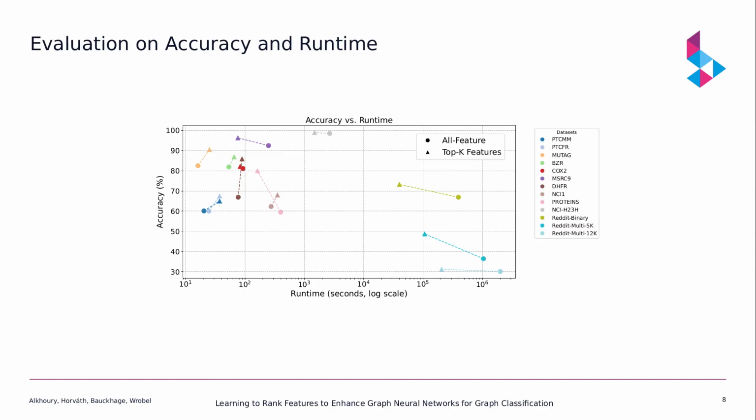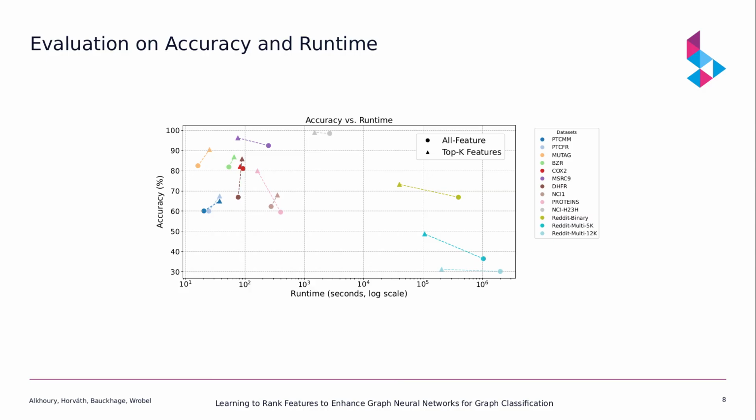Then we analyzed the runtime. Our total pipeline includes computing features for the FRGNN, computing the top K features, training the random forest, and training both GNN models, the FRGNN and the GC-GNN. As we see here, for large-scale datasets, our method achieves significantly lower runtimes, sometimes by more than an order of magnitude, while preserving or enhancing the predictive performance.